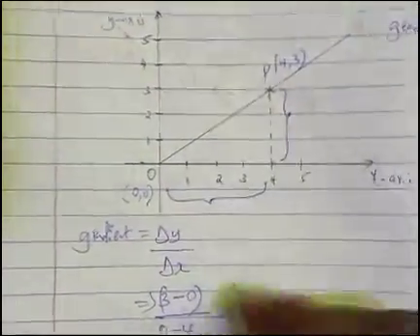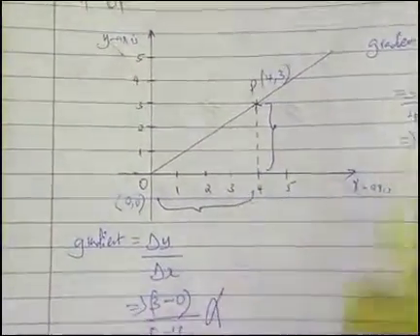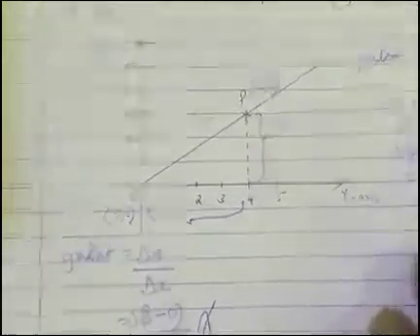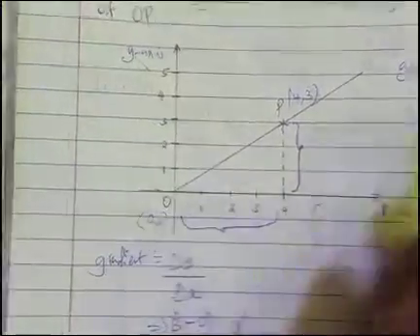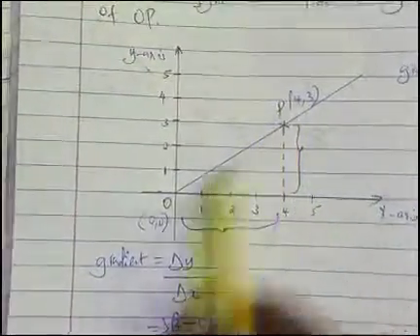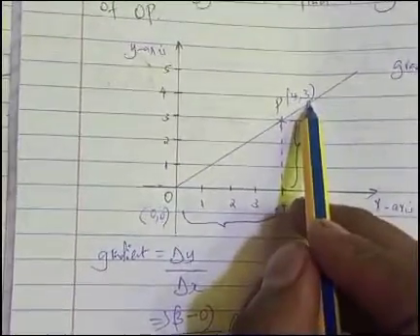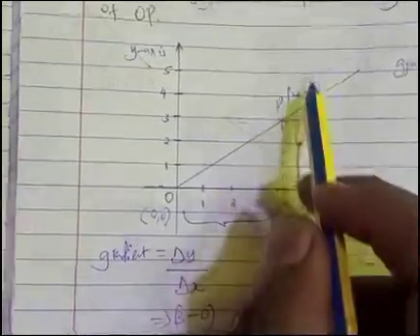So this one becomes wrong. Because we say that gradient is change in y over the corresponding change in x. So if you start with 3 minus 0, you must start again with 4 minus 0. If you start with 0 minus 3, the same thing, you must again start with over 0 minus 4.